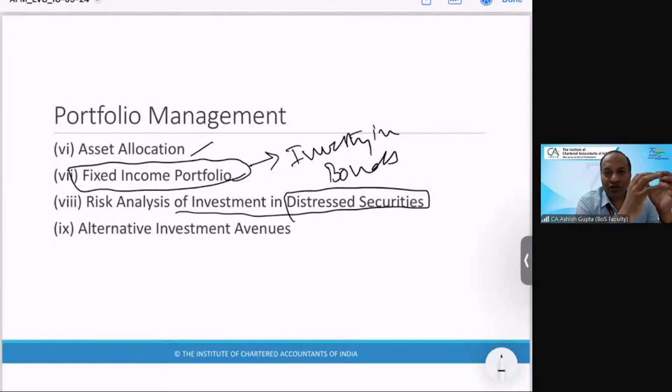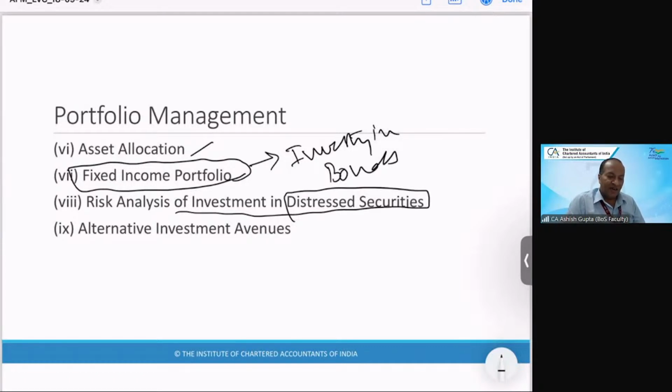Why? Because the shares or securities of that company may be selling at a junk price, which is also sometimes called junk bonds. They are selling at very low prices, and if the company revives tomorrow, the prices will shoot up and you will make a huge profit. So all these are covered here.